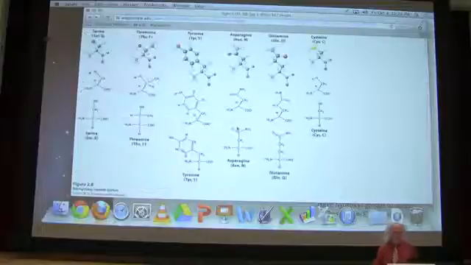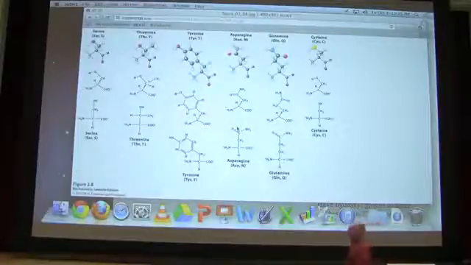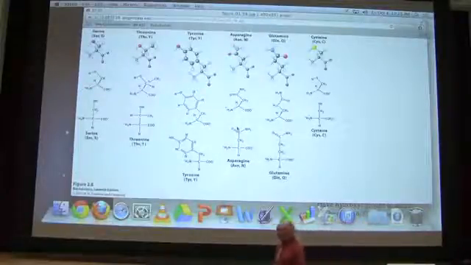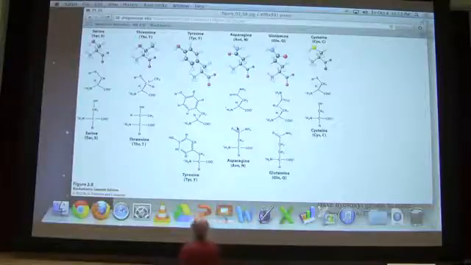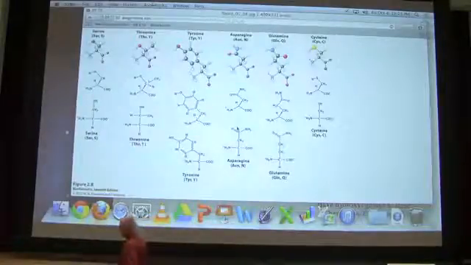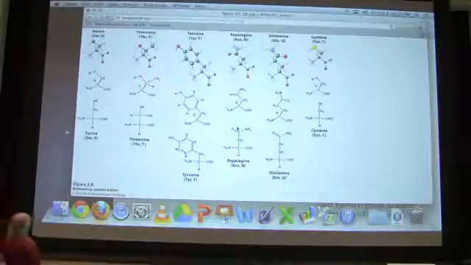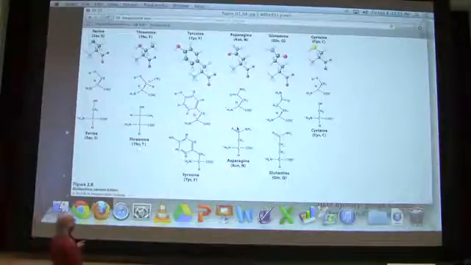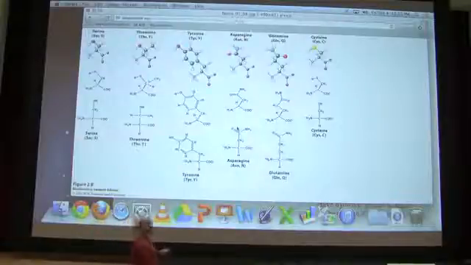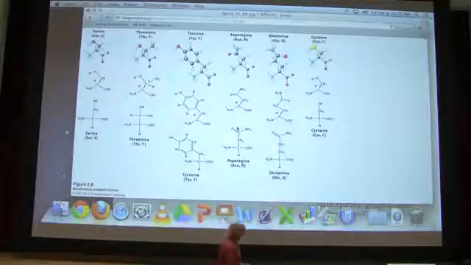Polar amino acids have groups that can either hydrogen bond or, in some cases, ionize. They include serine, threonine, tyrosine, asparagine, glutamine, and cysteine. There's that sulfhydryl one.